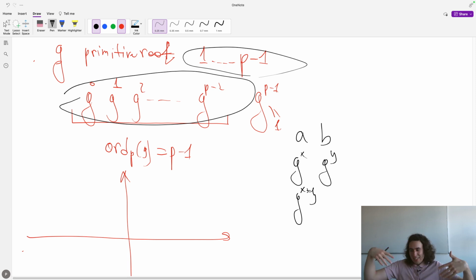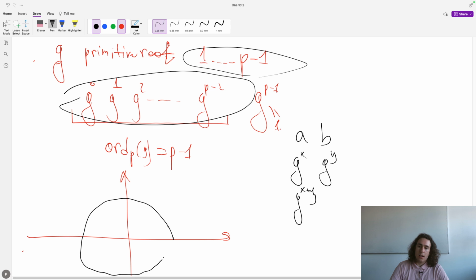So in terms of multiplication, numbers from 1 to p minus 1 look very similar to this cyclic order that we had with our roots of unity, right? We took the smallest root of unity, omega, and then all the other ones were just powers of it, and then we rounded it around. And we have the same thing here.